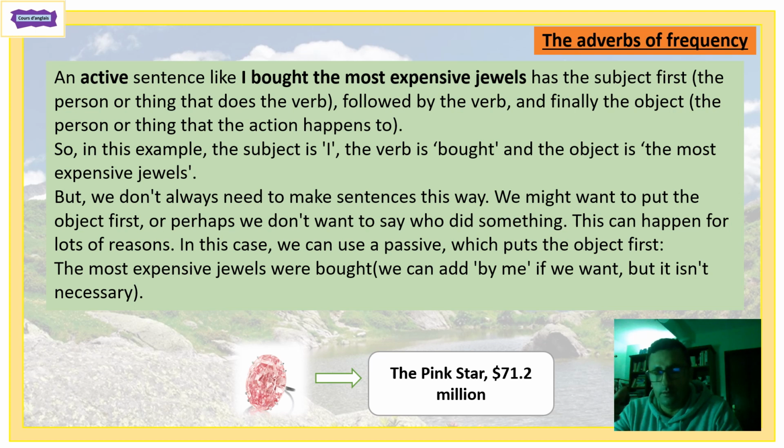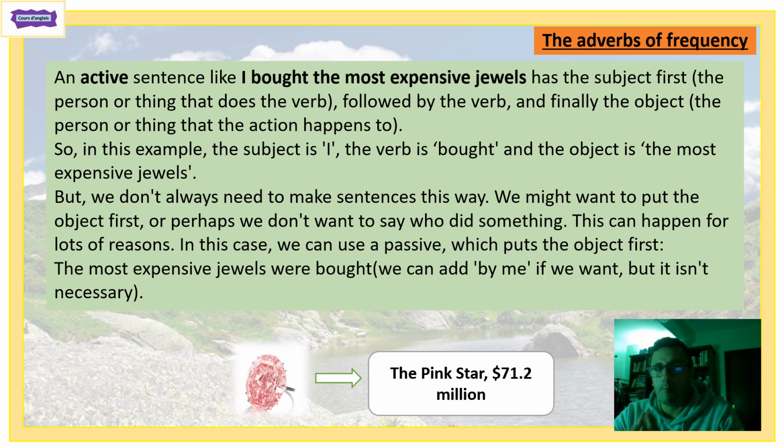Et enfin, l'objet. La personne ou la chose à qui l'action arrive. Ainsi, dans cet exemple, le sujet est I, je. Le verbe est bought, acheter. Et l'objet est les bijoux les plus chers.